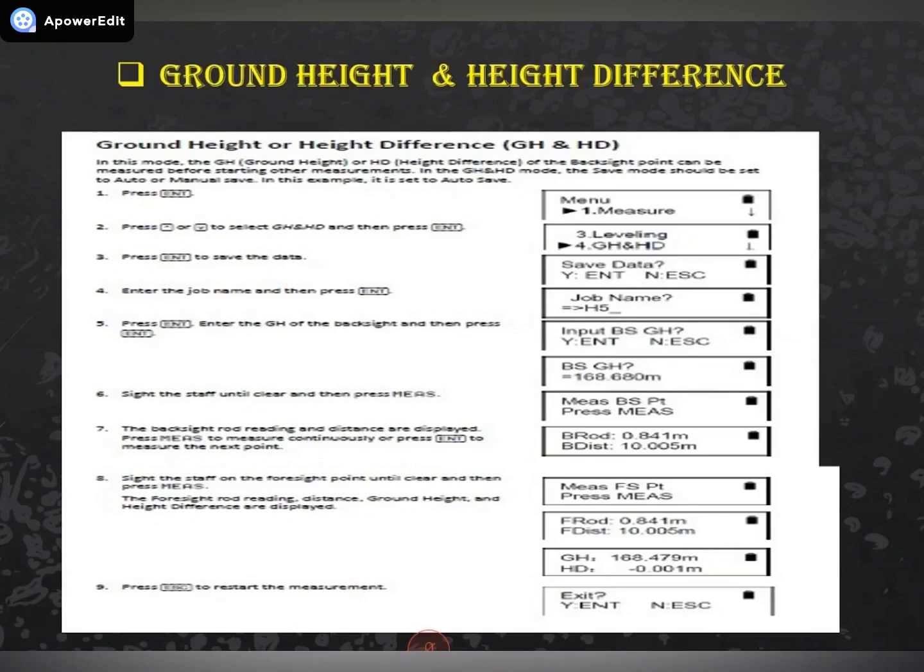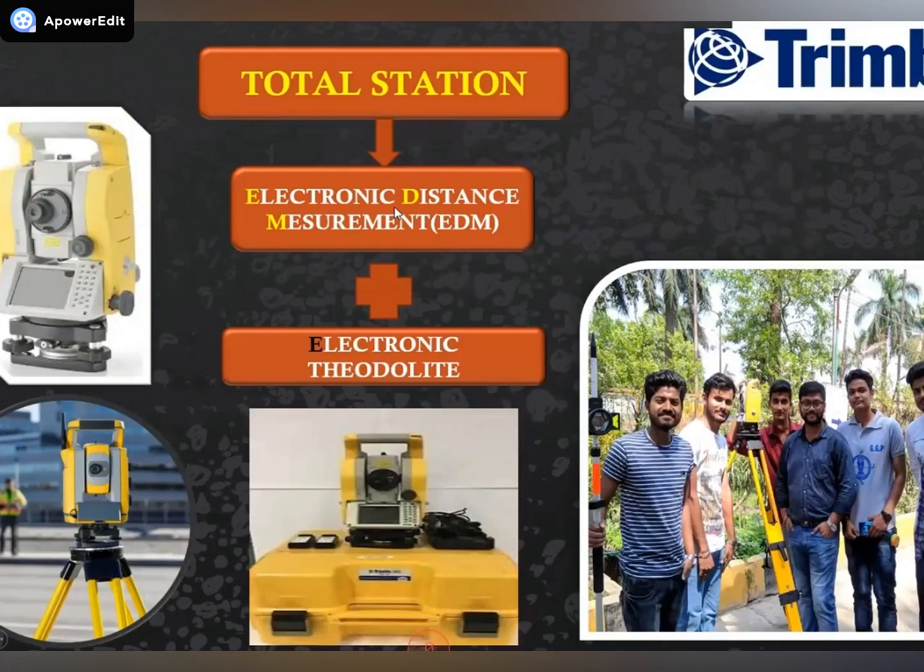Then measuring the foresight point, like foresight rod height and foresight distance, it will give the ground height and height difference of that point. After doing the work, we escape from that and switch off the instrument. Okay, in this way we are doing the survey work with the level instrument.